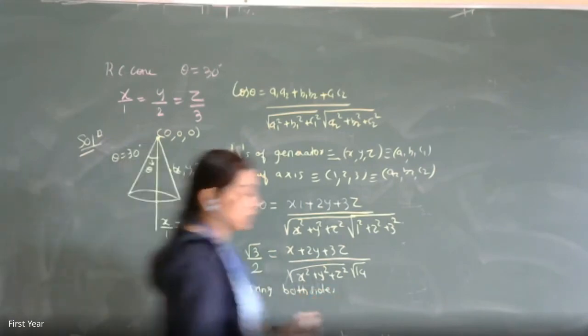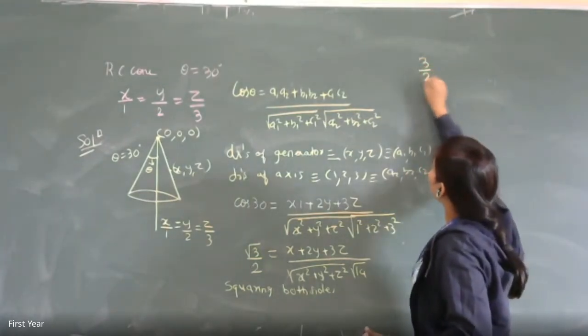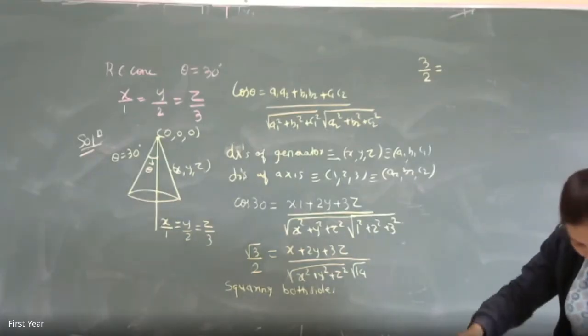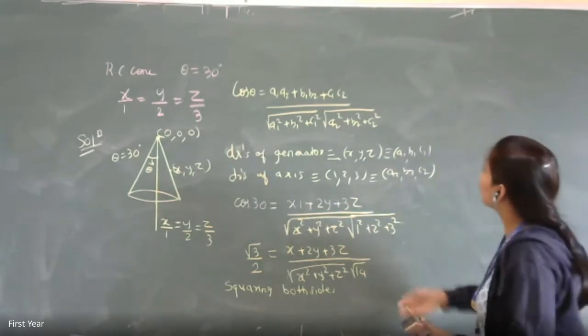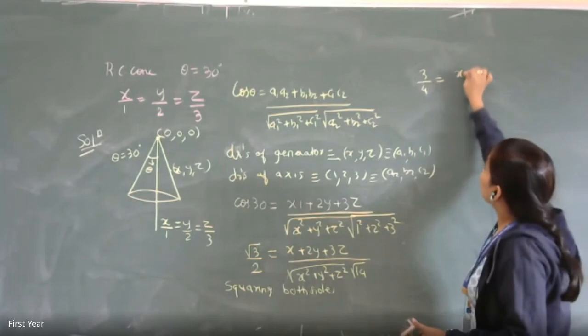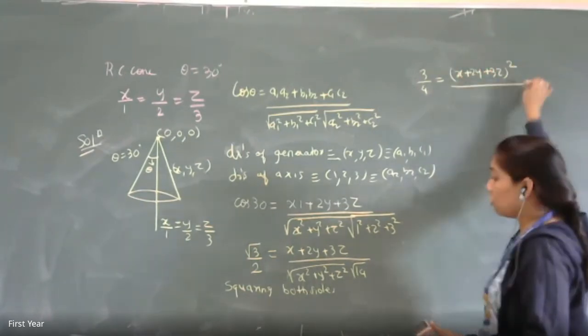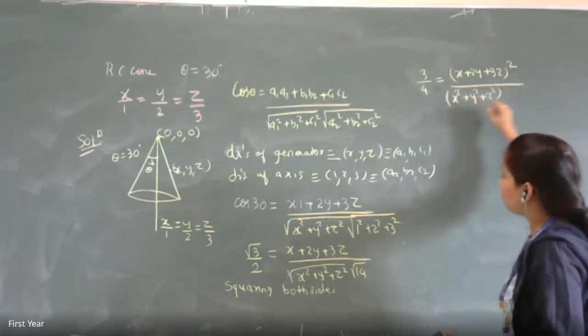What we will get is this. Just see. I'll get 3 by 4 is equal to x plus 2y plus 3z the whole square upon x square plus y square plus z square into 14.